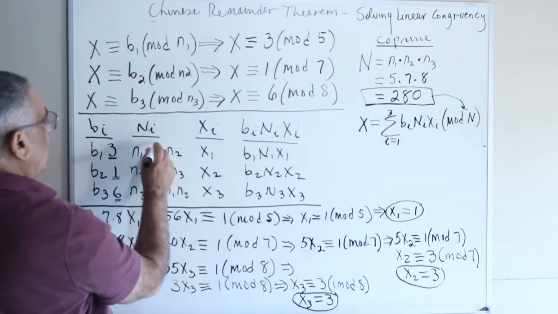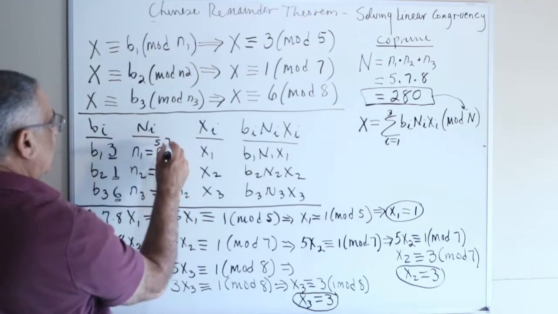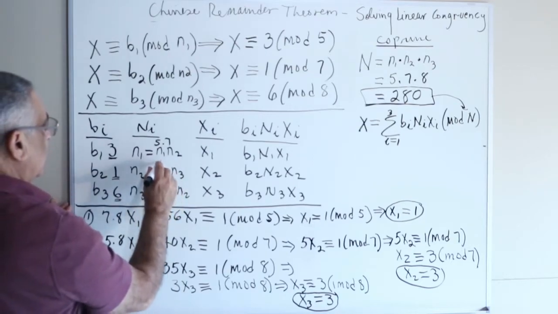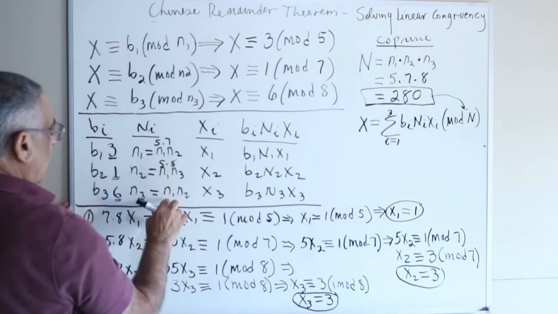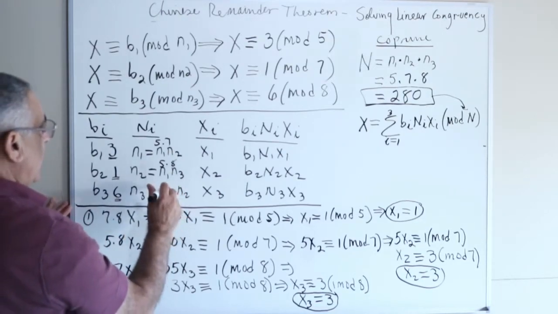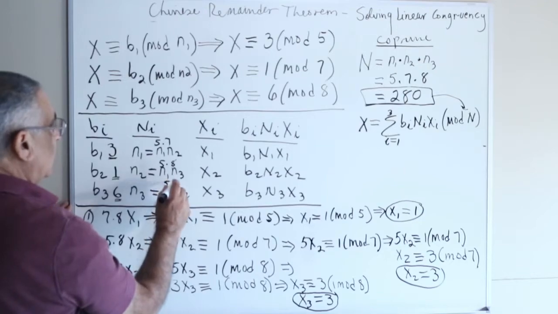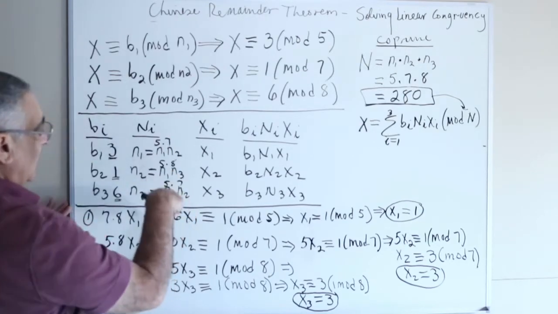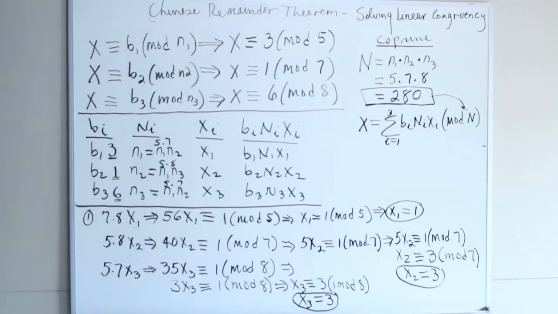So n1 would be 5 times 7, and n2 would be n1 times n3, which is 5 times 8, and n3 would be n1 times n2, which is 5 times 7.